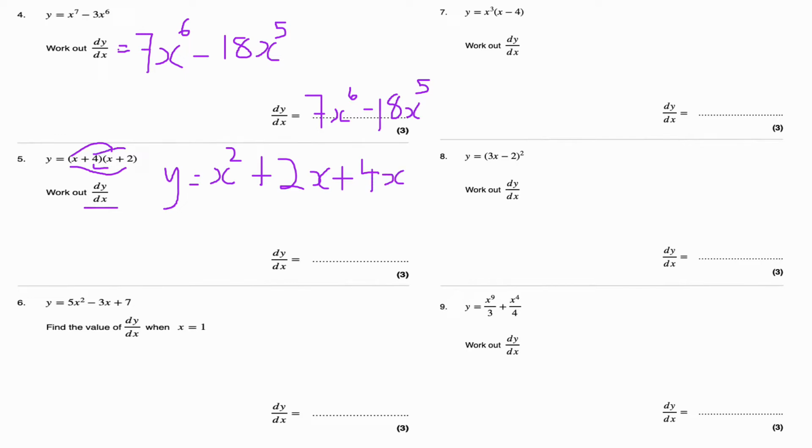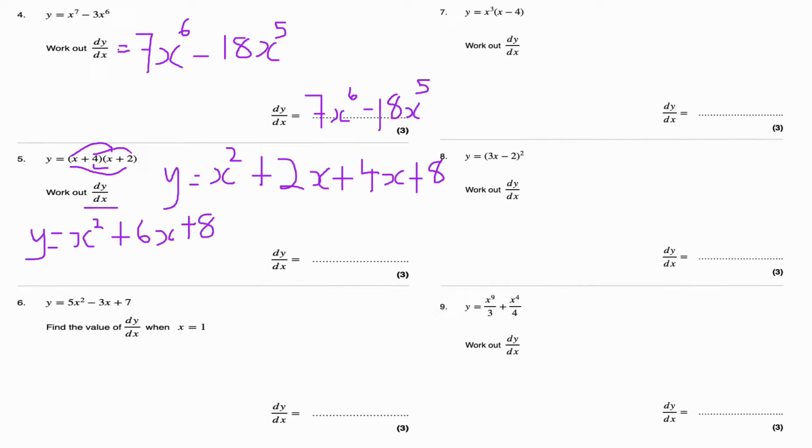Now before I differentiate, I'm going to collect like terms and then differentiate. So I get y is equal to x squared plus 6x plus 8.